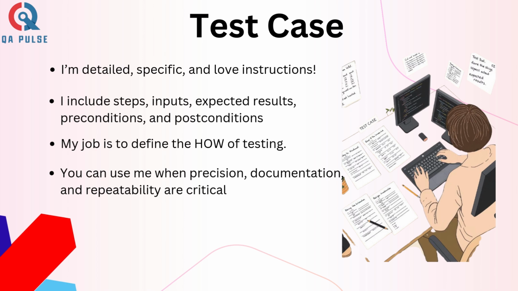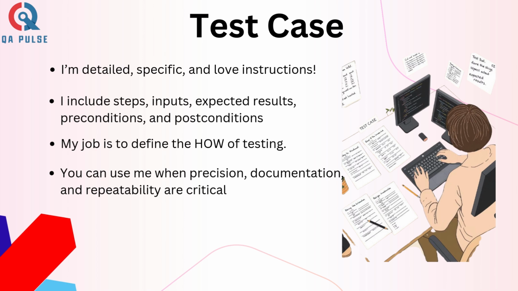Imagine you're baking a cake for a big competition. You can't just eyeball the ingredients or hope for the best. You need a precise recipe that lists every step, from the amount of flour to the baking time. If you follow that recipe exactly, you will be able to bake the same perfect cake every time. That's what test cases do.